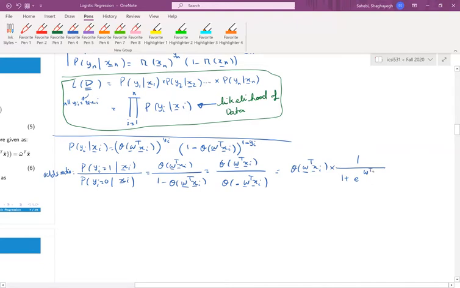I can multiply the numerator and denominator with the same value, e to the negative w transpose xi.